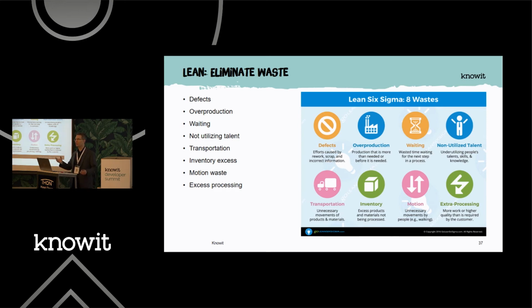Because if you automate what you have today, you will get exactly that. Whereas if you first think in Lean principles, you would understand the waste, what kind of things you do that you actually don't need. So you first streamline your team and your way of creating software, and after the streamlining, there's less to automate, right? So that's why Lean is really a key thing to DevOps.